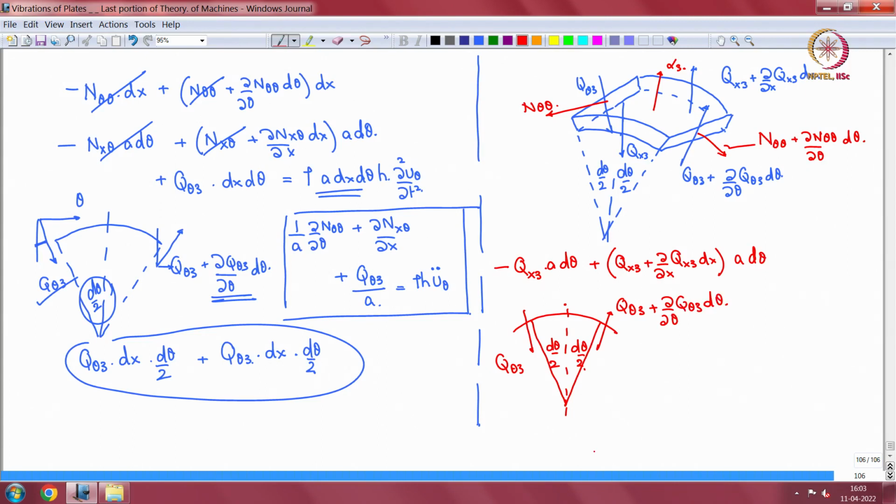We are looking for the vertical direction, so let's break that up: vertical, horizontal, vertical, horizontal.